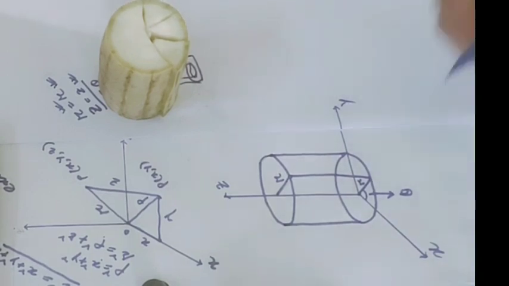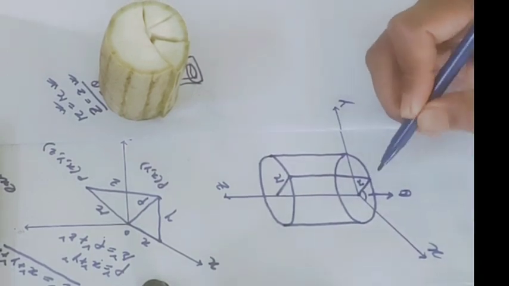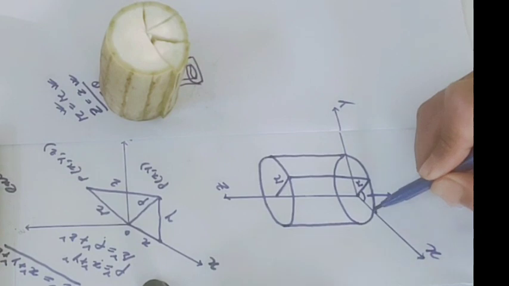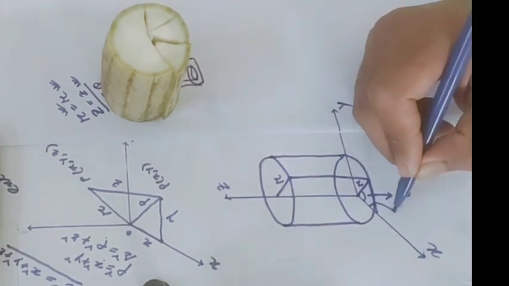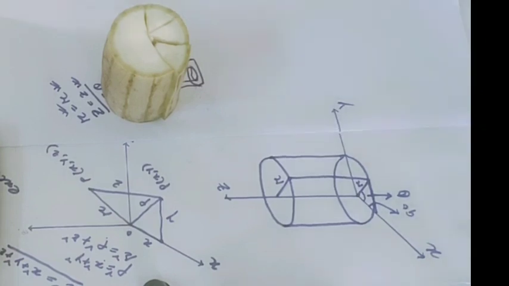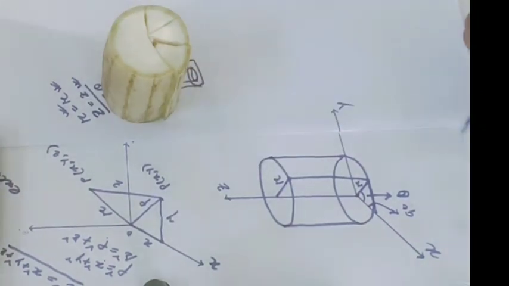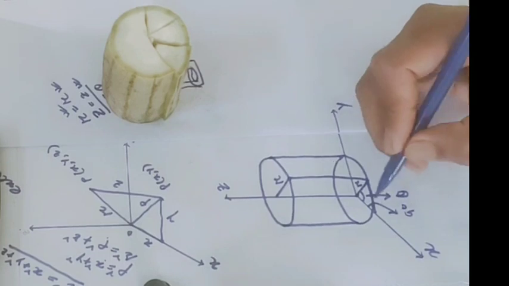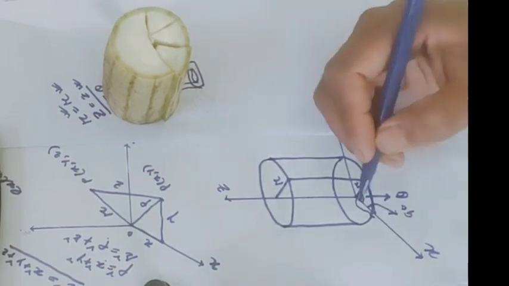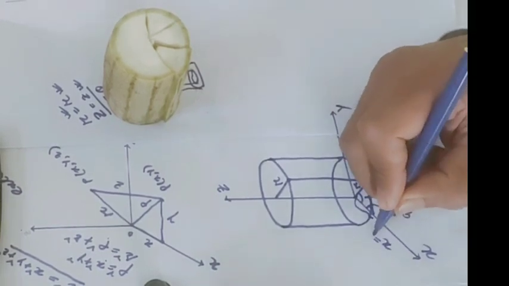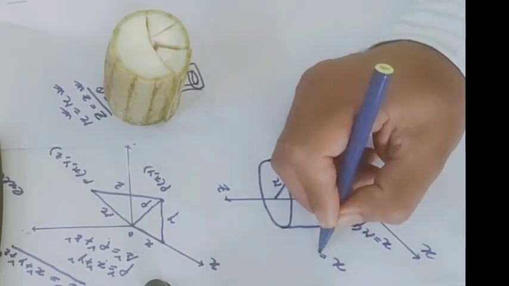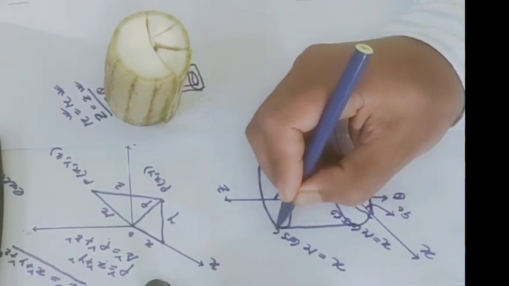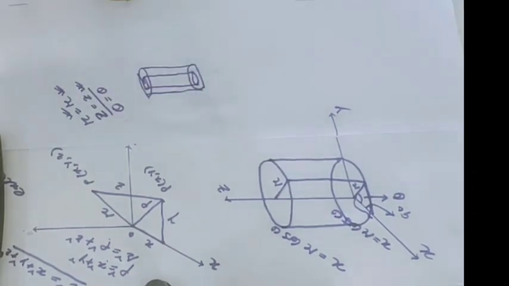Now you see, if it is r, this is theta, you draw a perpendicular. This angle will be 90 degrees. So this part x will be x is equal to r cos theta, like my polar coordinate system, same thing.